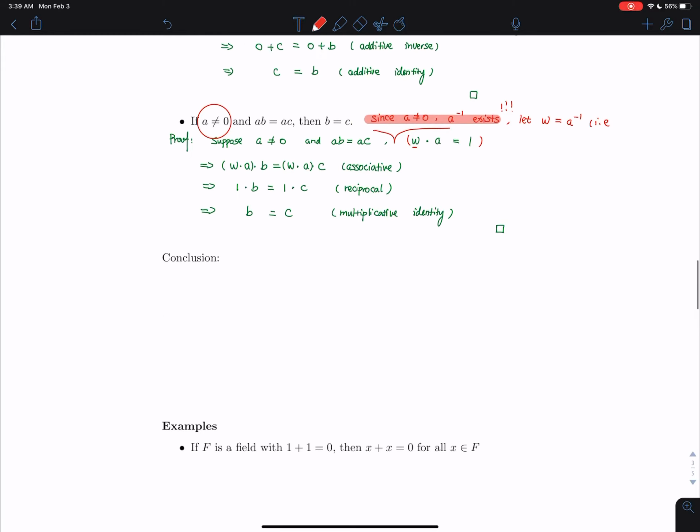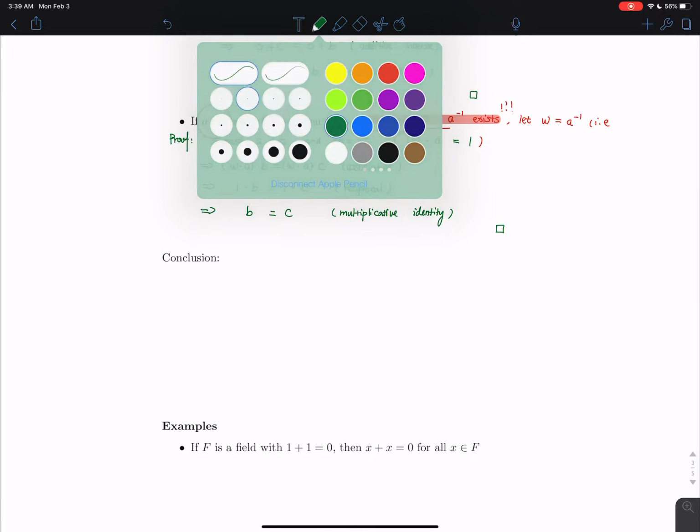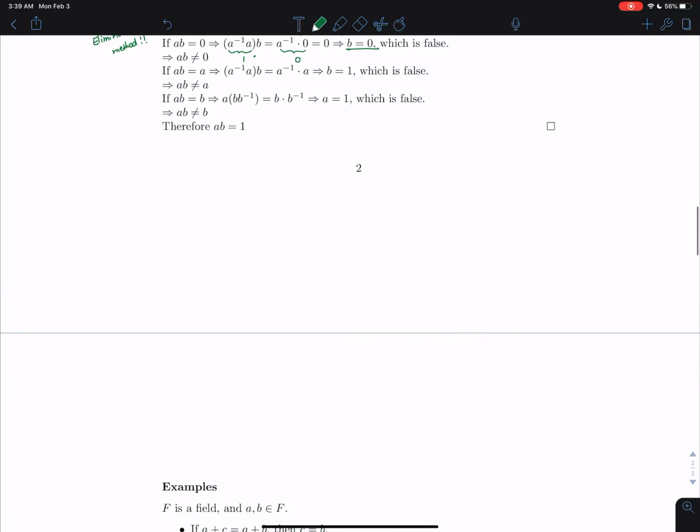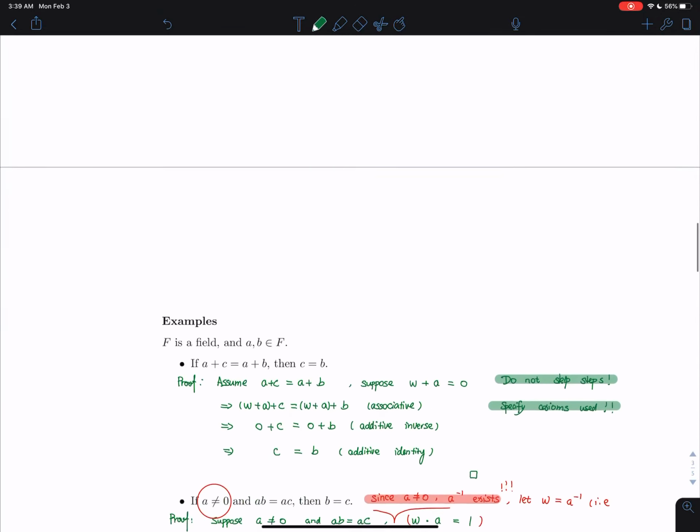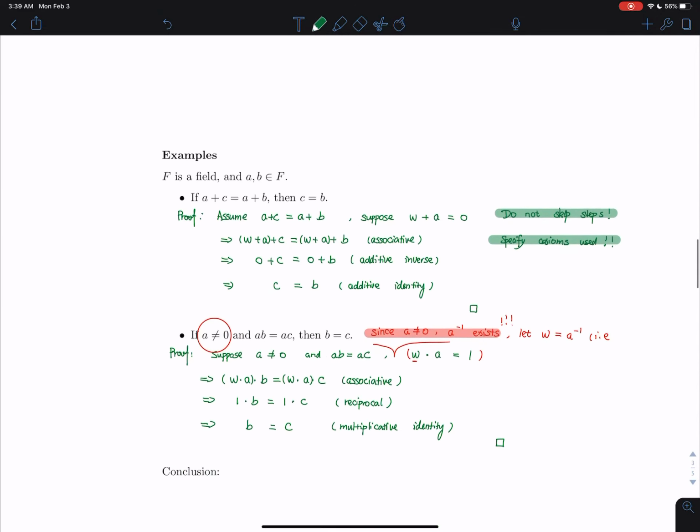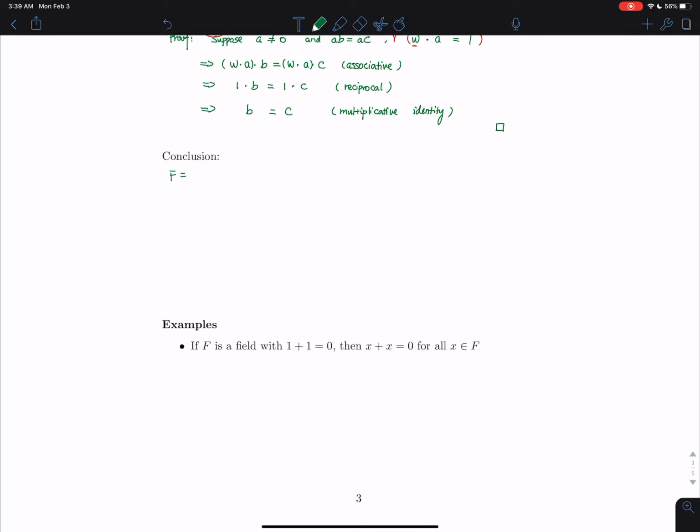Alright, conclusion. What can we conclude from what we did here? What I'm going to do is give you another table for a 4 element field. For this one, let's play with the multiplication table.